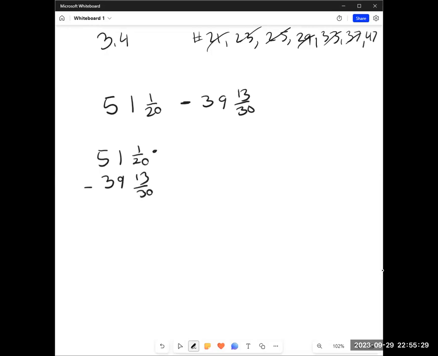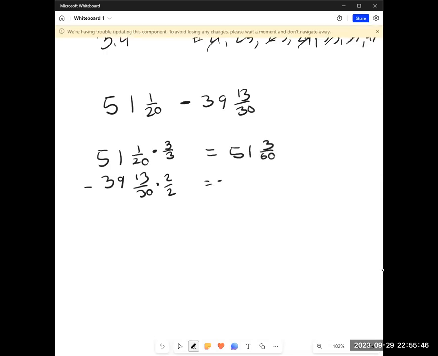I'm going to multiply here by 3/3, and here by 2/2, which gives us a common denominator of 60. So that's going to be 51 3/60, minus 39 26/60. 26 is definitely bigger than 3.